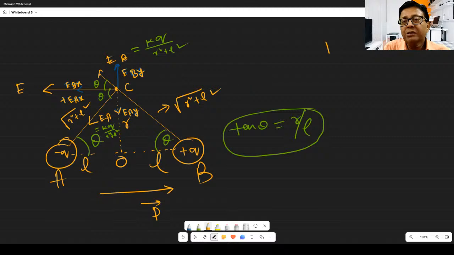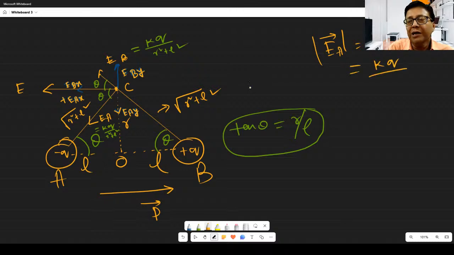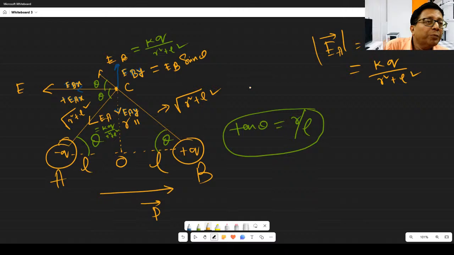So I'm just starting from here. Mod EA equal to mod EB equal to KQ by. EBY, what will be its value? EB sin theta. EAY, what will be the value? Tell. This is EA. So the horizontal component is with theta, that direction is called horizontal, and otherwise this is vertical.